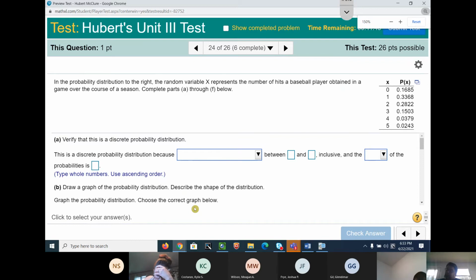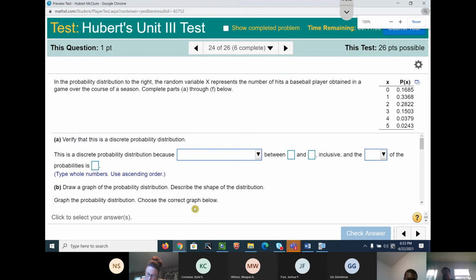So, second stat, edit. 0, 1, 2, 3, 4, 5, 0.1685, 0.3368, 0.2822, 0.1503, and 0.0379. Did I skip one? And 0.0243.